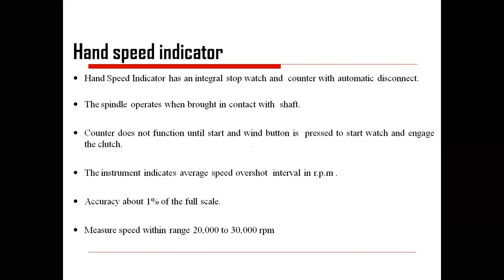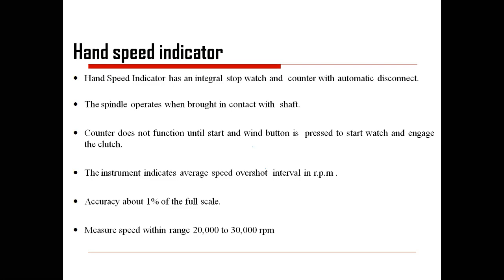Second one is the hand speed indicator. Now this hand speed indicator has an integral stopwatch inside it and a counter with an automatic disconnect. This is somewhat upgraded compared to the revolution counter. The spindle operates when brought in contact with a shaft. I will show that in the diagram also.